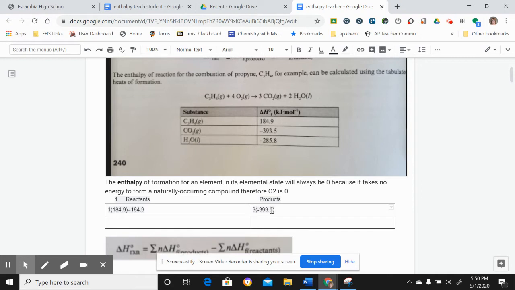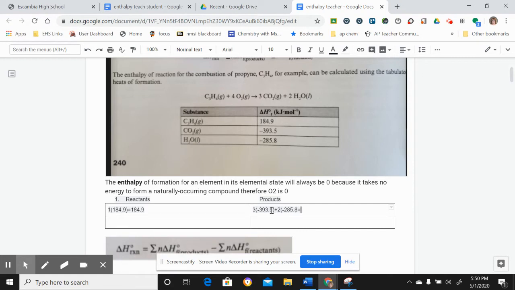And we need to add how many waters? We have liquid water. So H2O, we have 2 of them. 2 times negative 285.8.